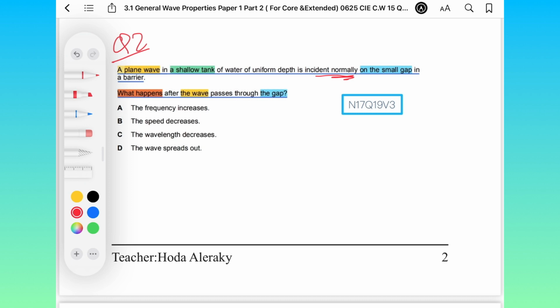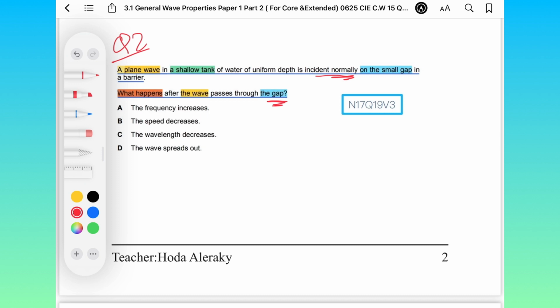What happens after the wave passes through the gap? Okay, when you see the word gap or narrow gap, or you can find also expressions like sharp edge or barrier but it has a small hole or whatever, all these expressions are talking about diffraction. So diffraction takes place.